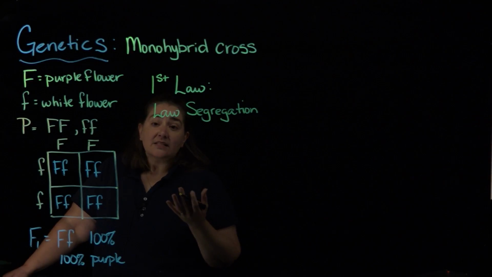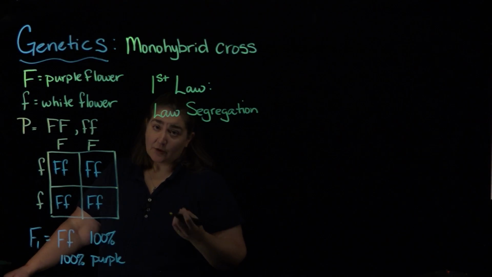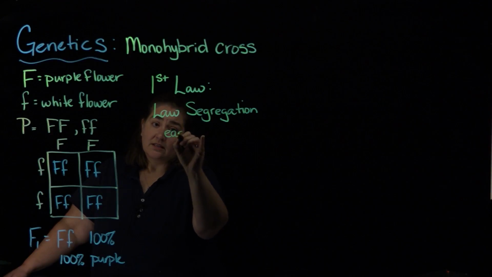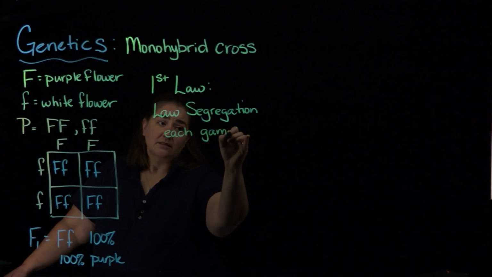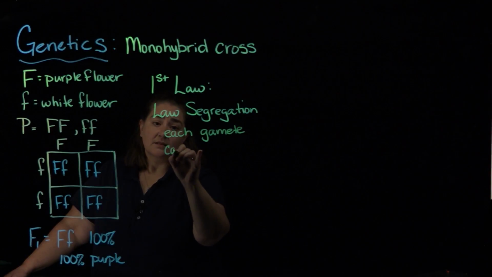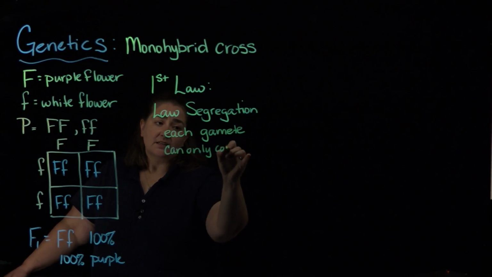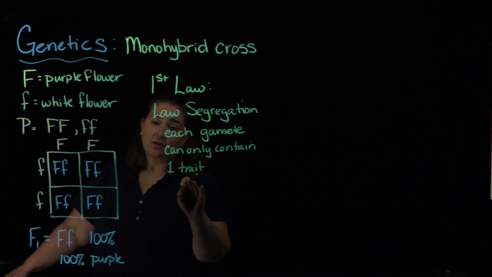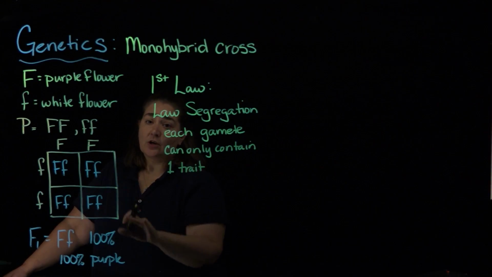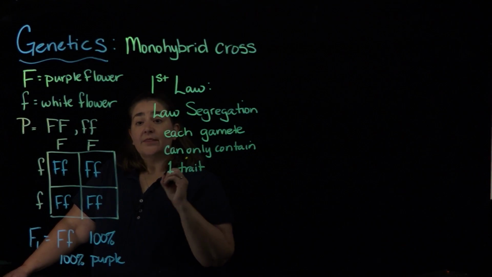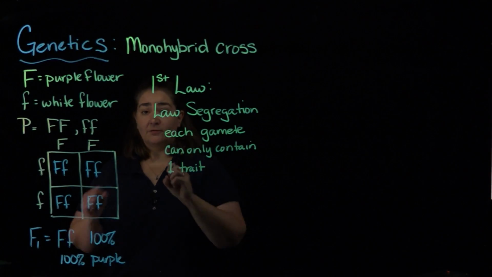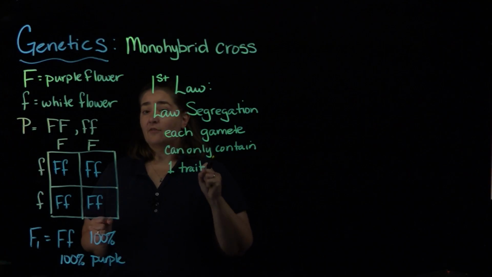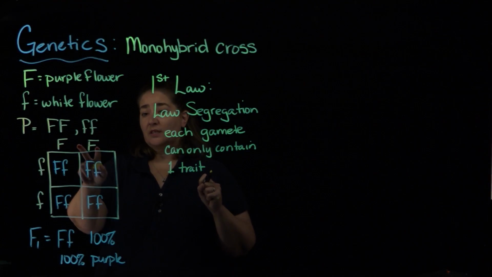And what Mendel was explaining with his law of segregation is that each gamete can only contain one trait. Okay, and he called it a trait. In this case, we now know we're tracking genes, but the point of that was, with our alleles, if you have two different alleles, any particular egg or any particular sperm can only have one of those, okay? And that's what we set up here, okay?